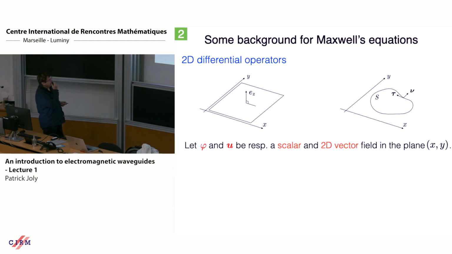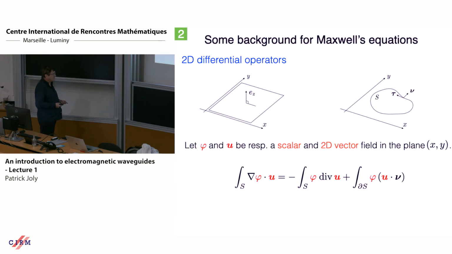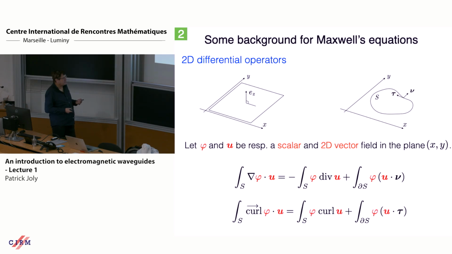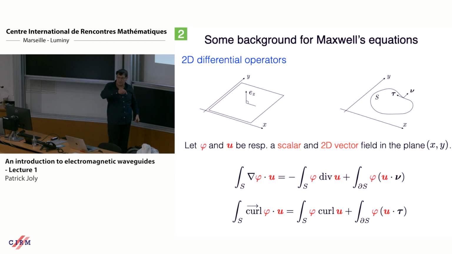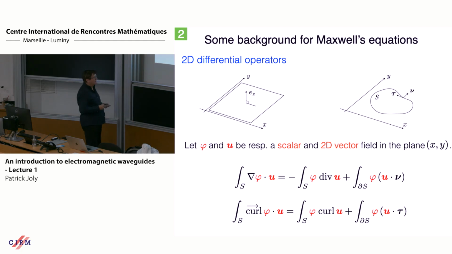So now I introduce the cross-section S, and I recall the very well-known Green's formula with the grad and div operators, but that you can transform into a Green formula with the curl and curl operators simply using the rotation relationship. For instance, it suffices to apply the previous formula to the rotated field, and that's it.